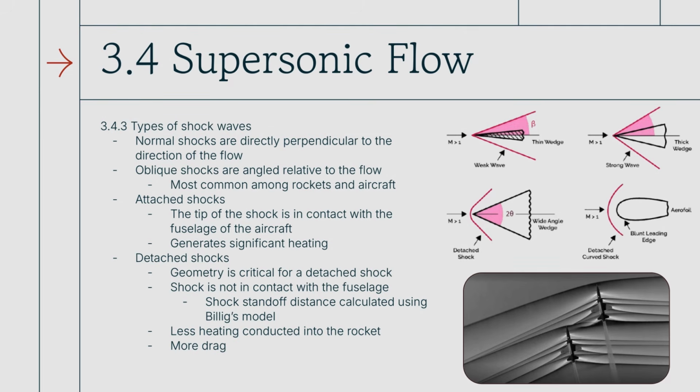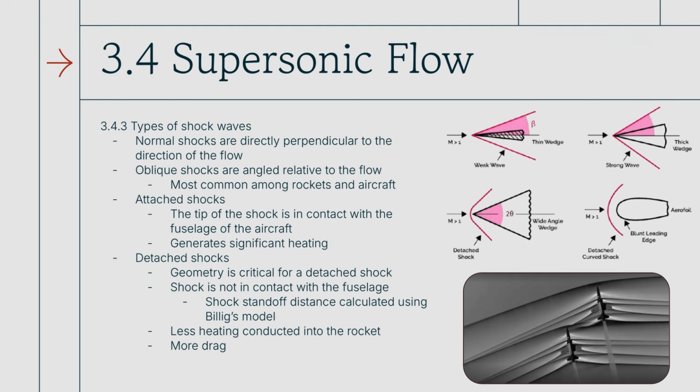A detached shock, on the other hand, basically these two bottom pictures here, means there's actually some space between the shockwave and the beginning of your vehicle. This is actually a really cool feature because even though that type of shock has more energy in it, a lot less of it is transferred to the vehicle because you have that air cushion between the two.